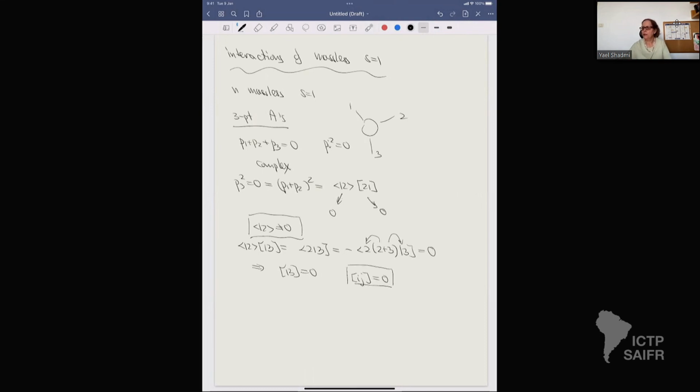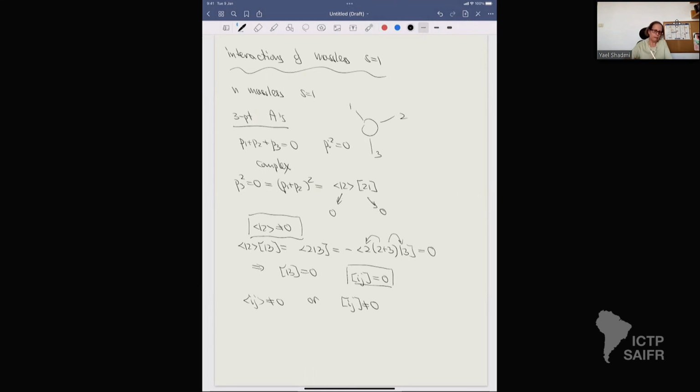So that's a very special property of 3-point amplitudes. The 3-point amplitudes are the simplest ones, but they're the trickiest ones in terms of their kinematics. For 3 points, we either have ⟨ij⟩ non-zero or [ij] non-zero, either the squares or the angles.